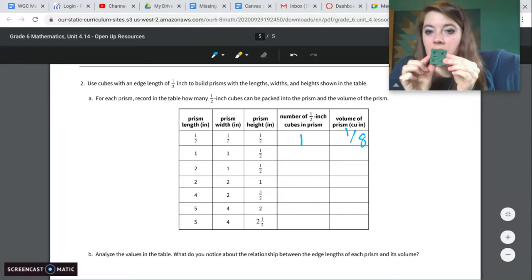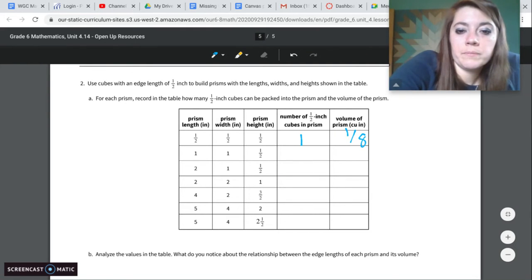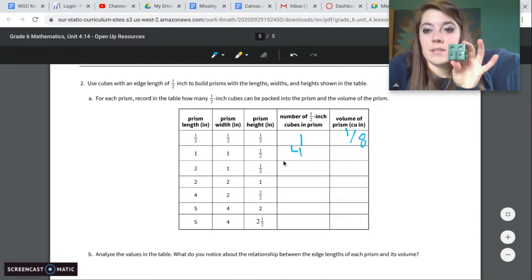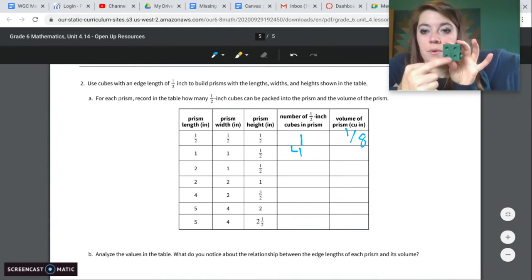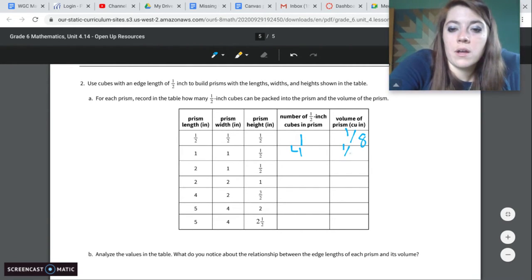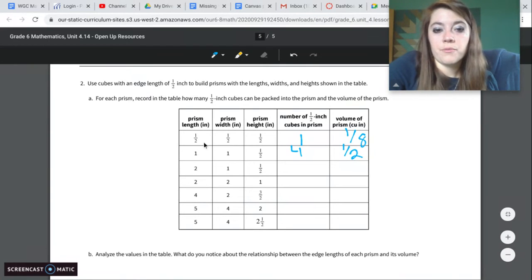So we have this right here. So it takes 4. And if we multiply this, well, notice we have 1, 2, 3, 4. So we have 4 1/8. 4 1/8 is the same thing as 1/2. Also, if we take 1 times 1, it's 1 times 1/2 is 1/2.